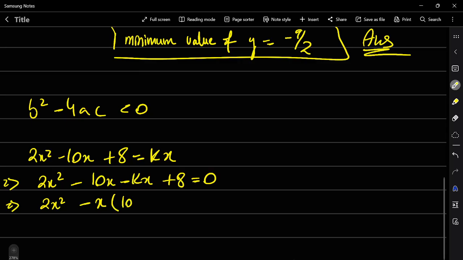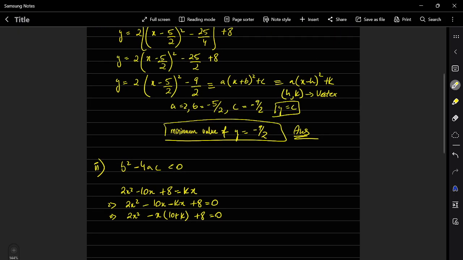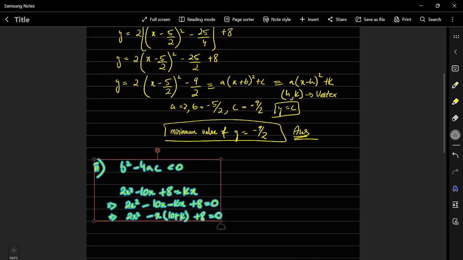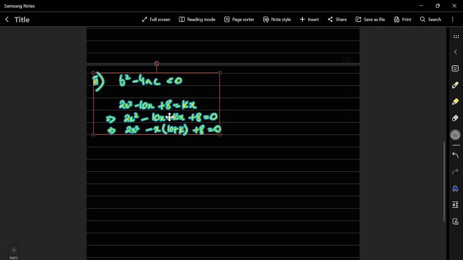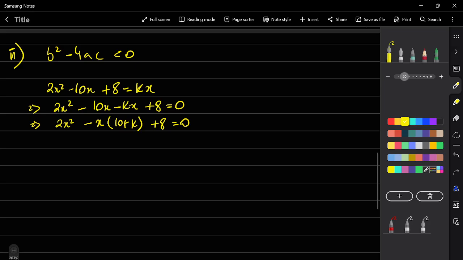Minus x plus 8 equals 0. So according to this, let me just take this to a new page. So according to this, a equals 2, b equals minus 10 plus k, and c equals 8.